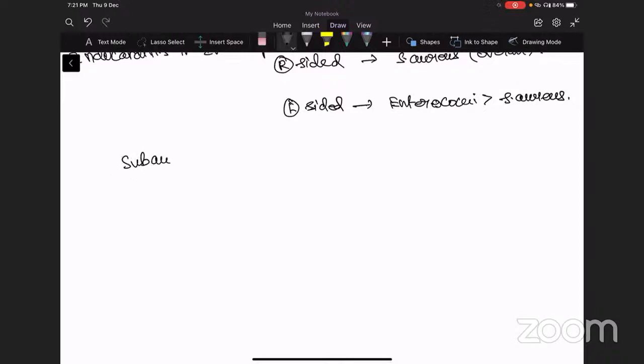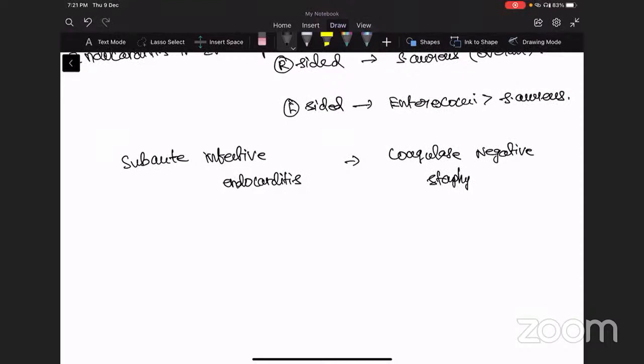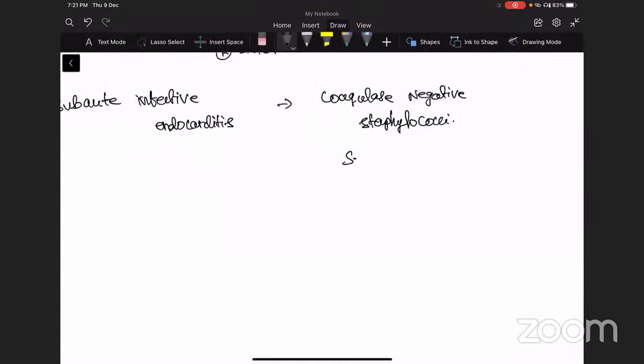Subacute. Yes, correct, left enterococci. Subacute infective endocarditis is caused by coagulase negative staphylococci, also by Streptococcus viridans and HACEK organisms.